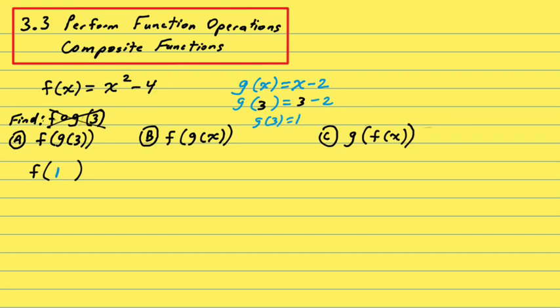So now I need f of 1. So how can I find f of 1? I take my f function and I replace the x with a 1. So I put a 1 in. 1 squared is 1 minus 4 is negative 3. So this answer should be negative 3.